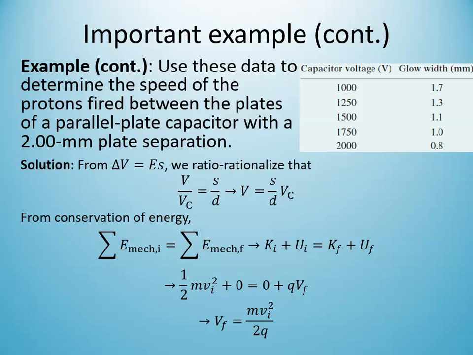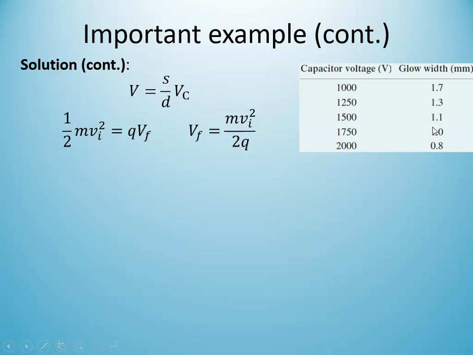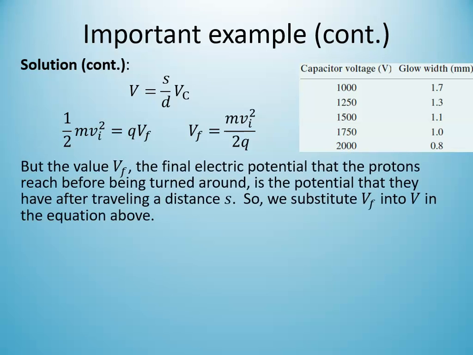So that V final is the V that we're going to plug in on the left side of our V equals S over D times V sub C. V final, in other words, is based on how far it actually gets. V sub C is what we set the capacitor voltage to be. So we have our equation for V final.